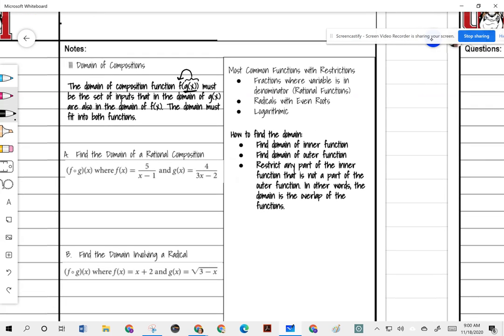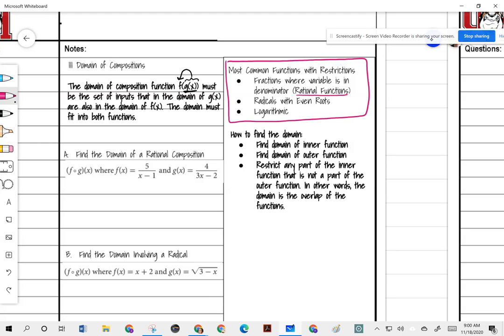So one of the things I want to bring to your attention, and a lot of students struggle with at the beginning when they're used to domain, is knowing when things have restrictions. So the most common functions with restrictions are going to be rational functions, which indicate that you have a fraction, and specifically that you have a variable in the denominator. All right.